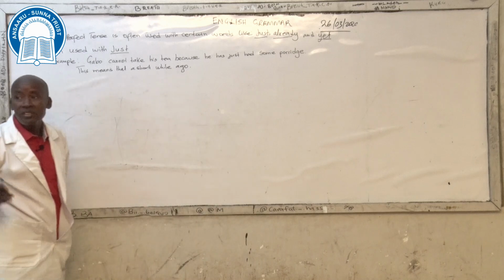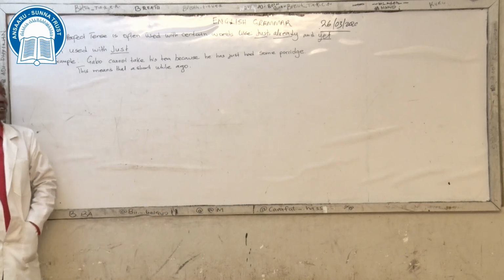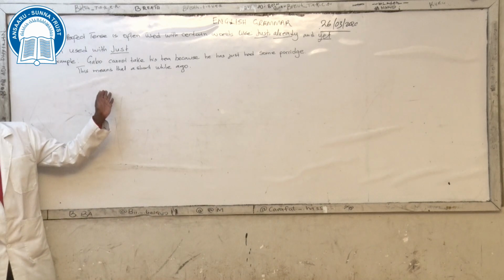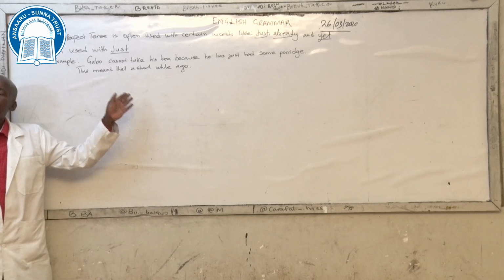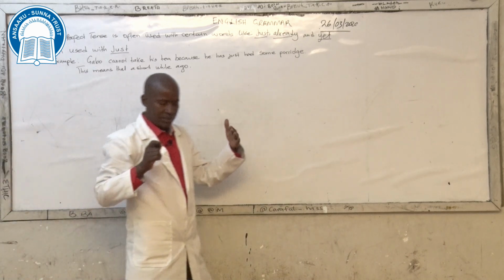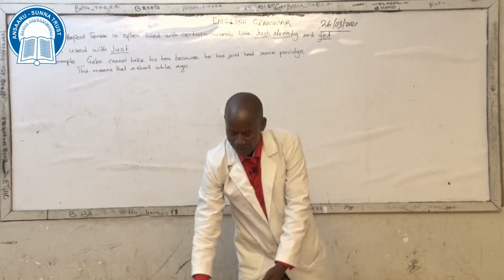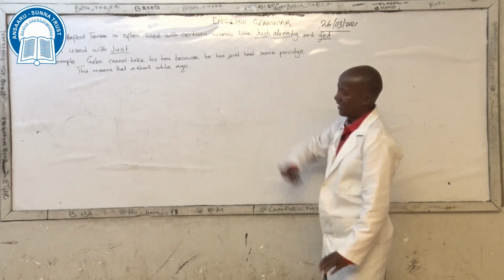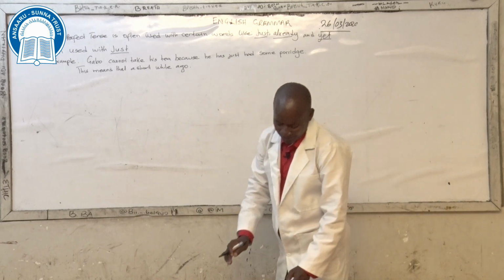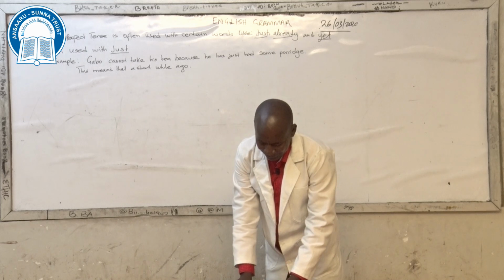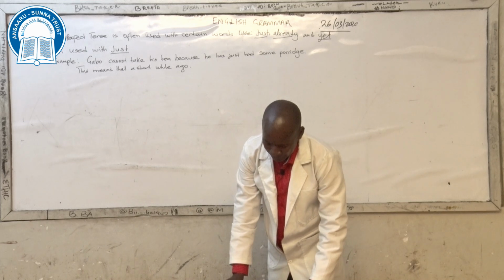So when we use the word just with present perfect tense, we refer to a short while ago. Just a few minutes. So that's why our friend cannot have his tea.